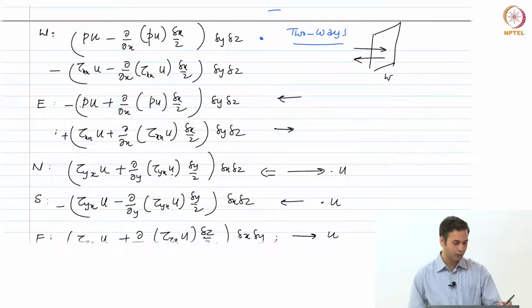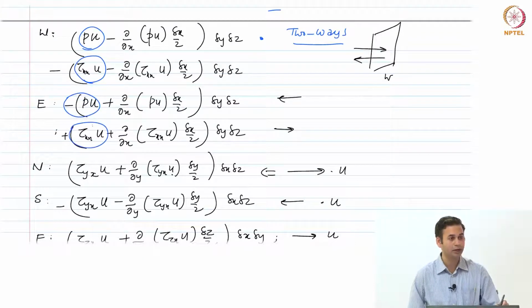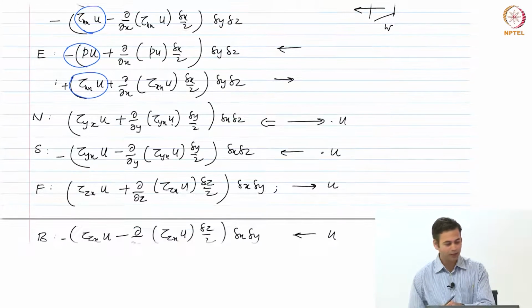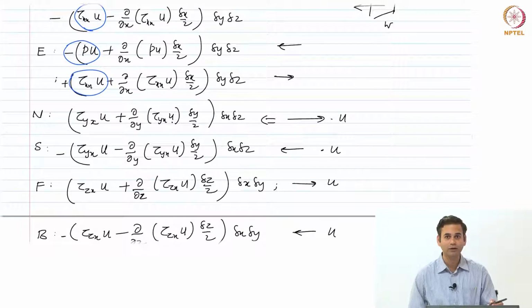Then what terms will remain and what will go away if I club these things? What about Pu and minus Pu, right? When I club all these things, they will cancel, okay. What about tau xx times u and minus tau xx times u? So, essentially this and this go away, and this and this go away, right. So, essentially the first terms of the Taylor series expansion will all get cancelled, isn't it?